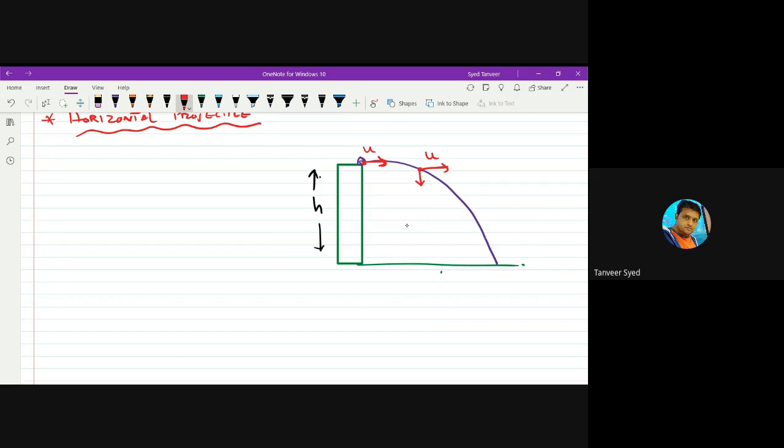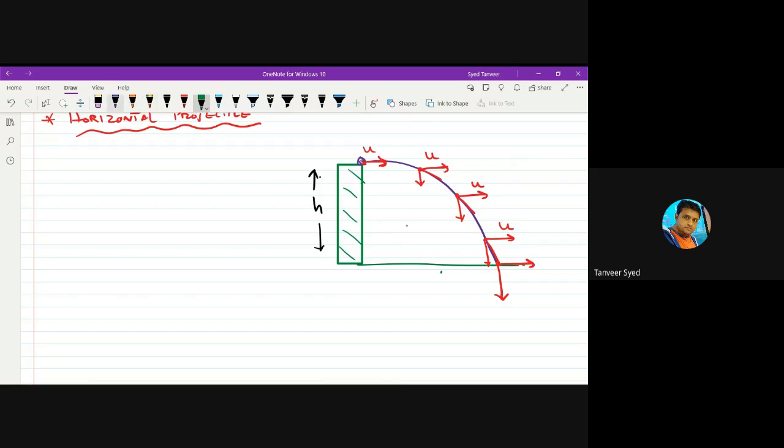After some more time, u remains same, vertical velocity increases. After some more time, u remains same, vertical velocity further increases. When it strikes the ground, u remains same, vertical velocity will be maximum. Because of this, it takes the resultant path like this. And this is also a parabolic path.